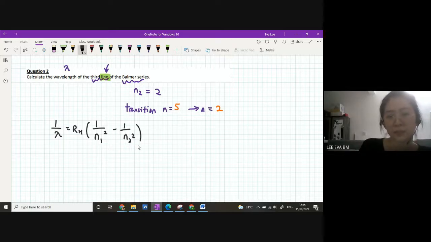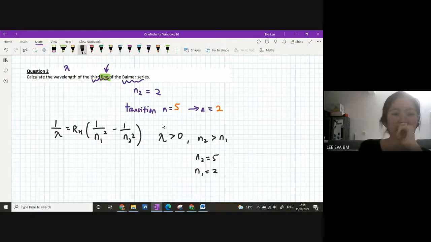Wavelength must be greater than 0, so n2 must be bigger than n1. Here there are only two numbers, so n2 is 5 and n1 is 2. It doesn't matter which is initial or final; you just compare the values only. Then you apply it.